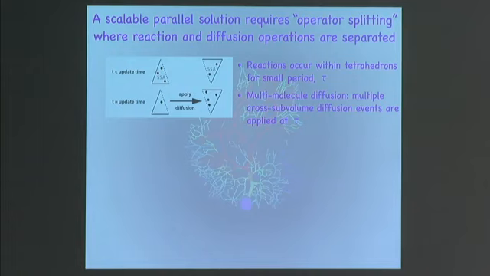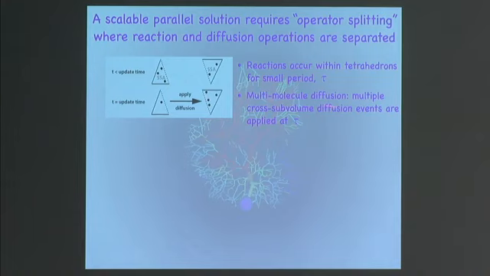So you have the standard SSA, which will compute the chemical reactions, but the diffusion you're going to do differently. You are not going to keep track of each separate diffusion step, but you're going to combine them over some time period which we call tau.